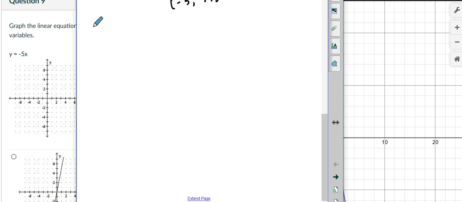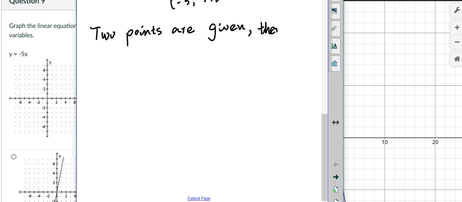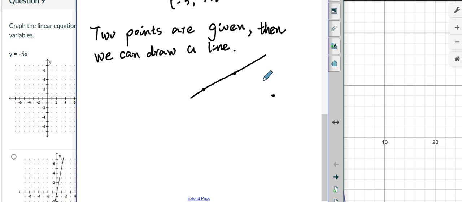If 2 points are given, then we can draw a line, right? For example, if you are given this point and this point, you know the line will be like that. If you are given this point and this point, you know the line will be like this. Okay?